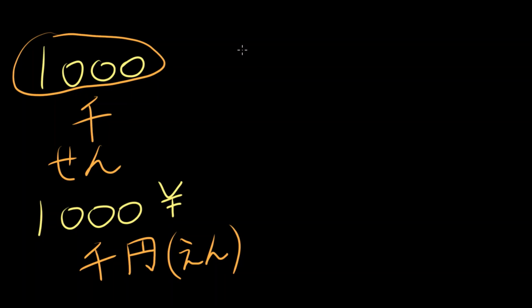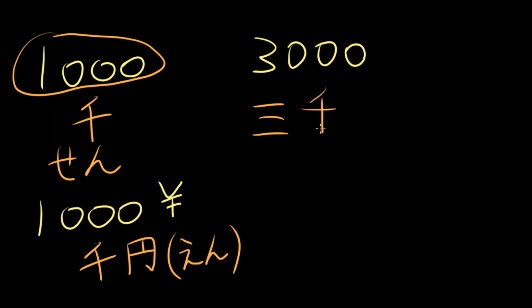Okay, so as I said before, 3s often have an exception in pronunciation. So 3,000 is, obviously the characters, san zen. San zen. So for example, san zen en.